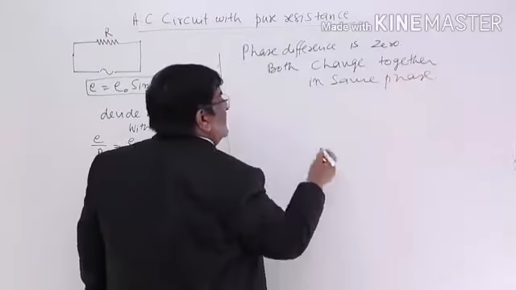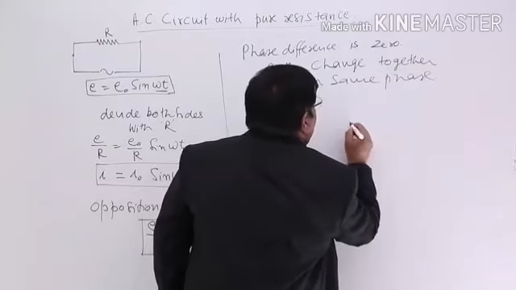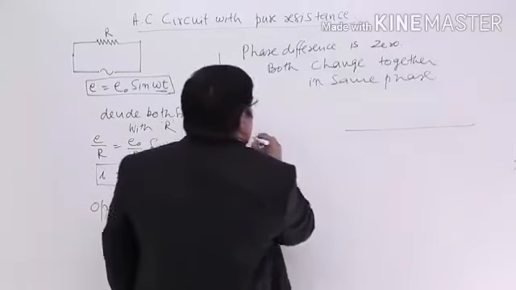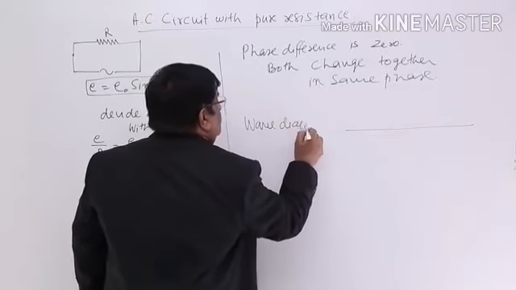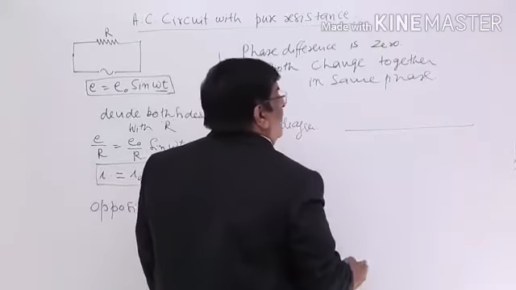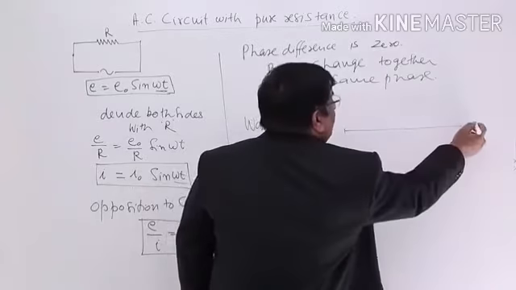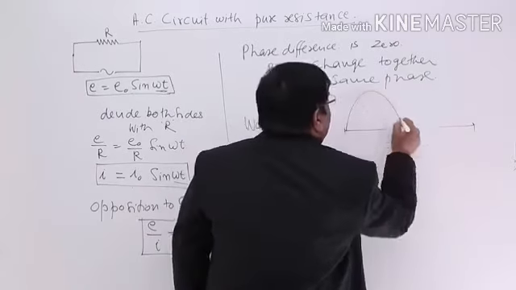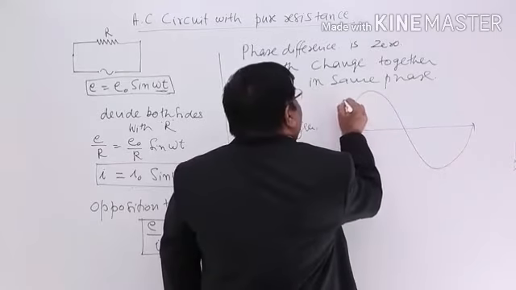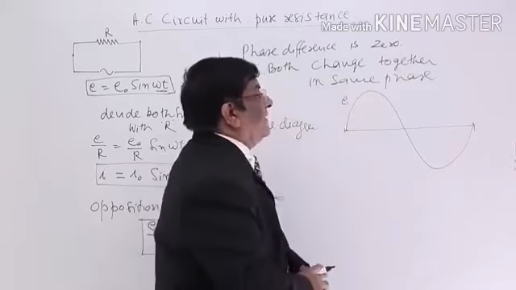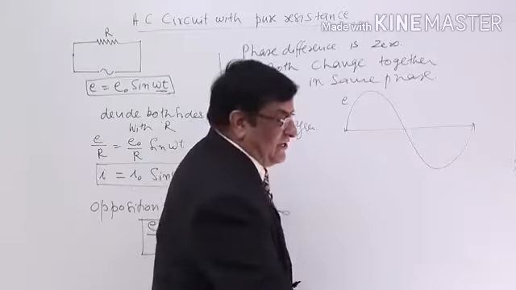This is also represented by a wave diagram. Wave diagram is, say for time period T, this is one cycle of EMF. Then how will the current change?